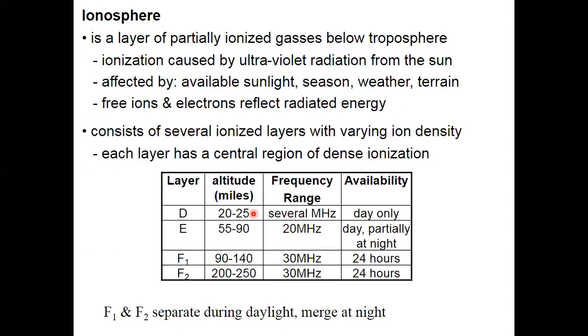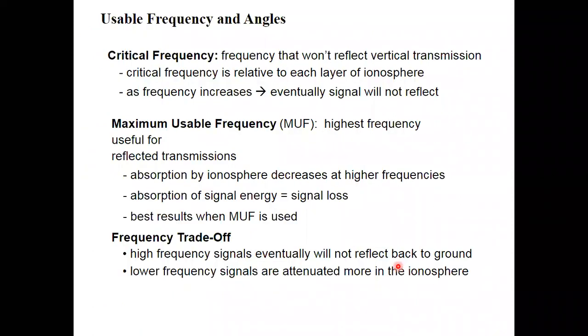What is a suitable frequency for these layers? You can observe that, as I told you, some layers are available during day hours and not available during night hours. Only the F1 and F2 layers are available during both day and night.